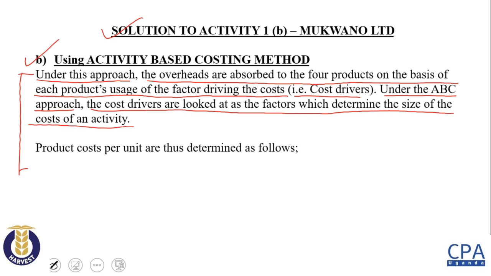So the costs are allocated or charged to products on the basis of each product's usage of the factors driving the costs. Therefore, the product cost per unit is determined as follows.